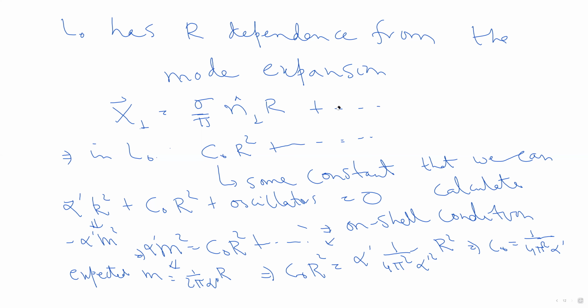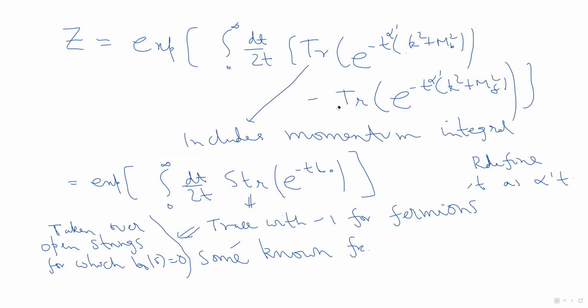So now let's go back there. In this e to the minus t L0, the R dependent term would be e to the minus t times R squared over 4 pi squared alpha prime. So that you can take out of the trace.